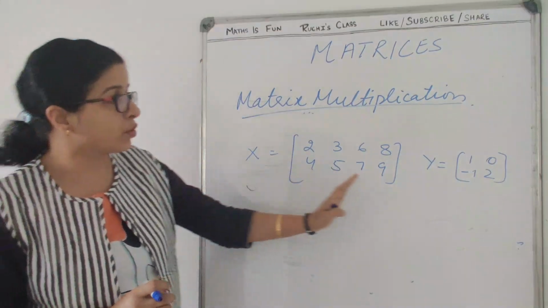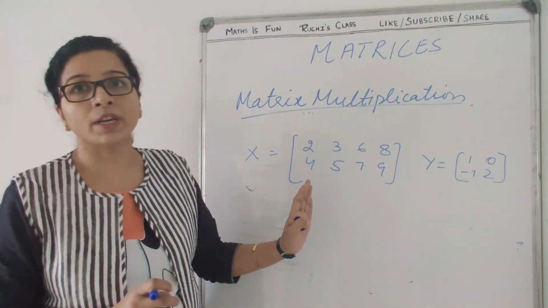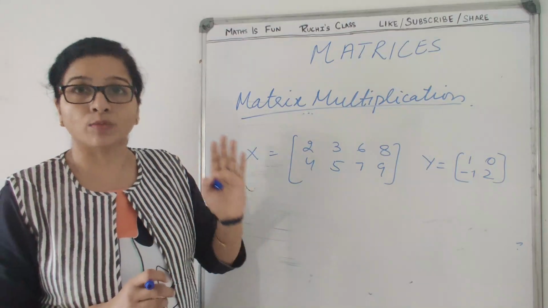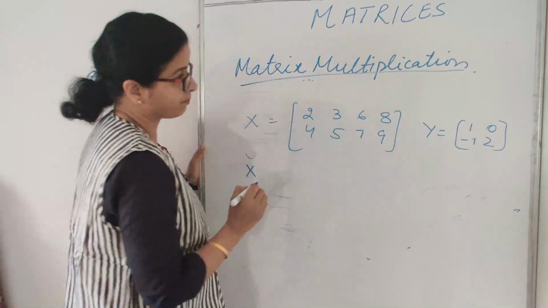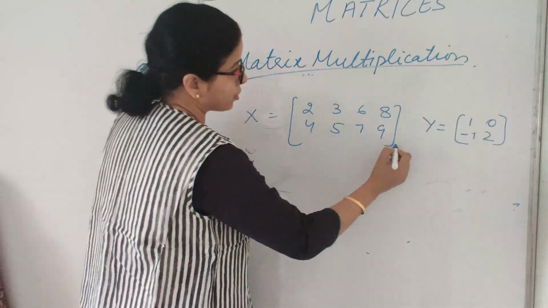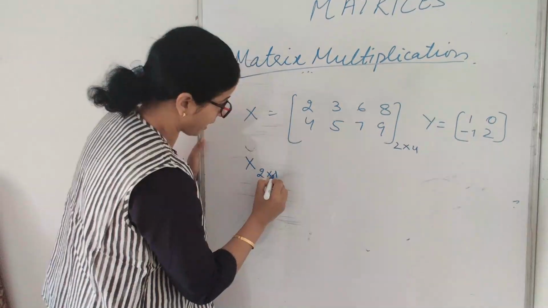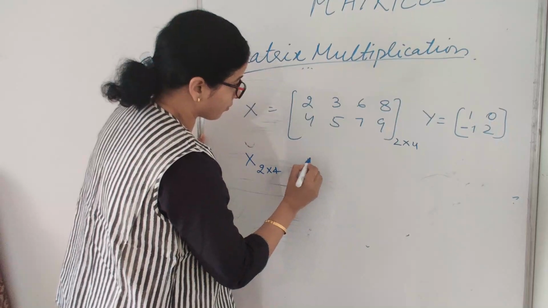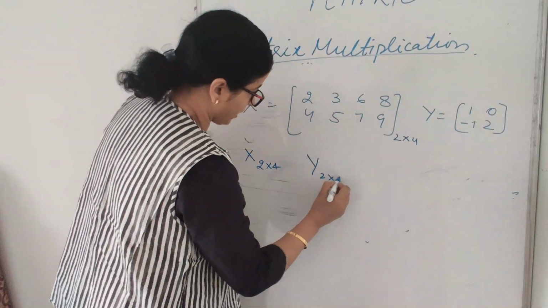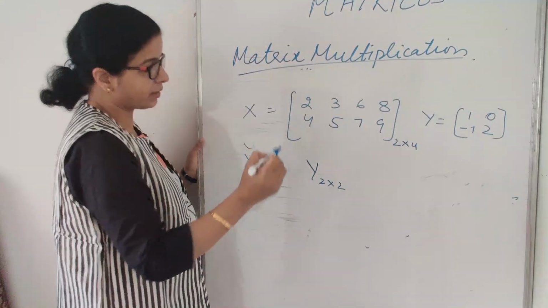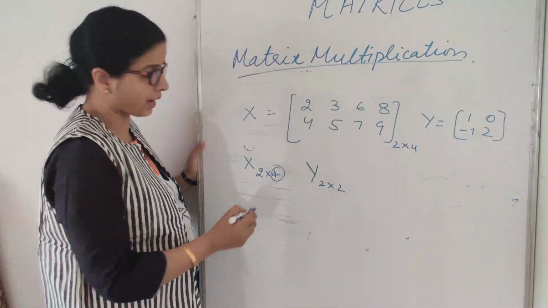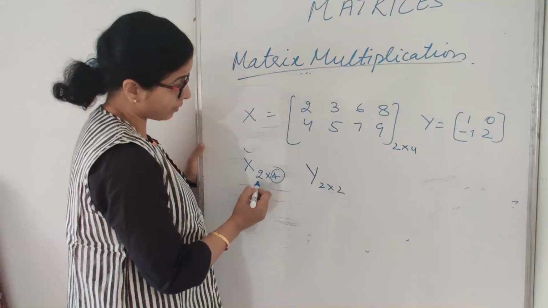Now I have taken one more example and we will check whether the multiplication of xy and yx is possible or not. What is the order of x? 2 into 4, right? And what is the order of y? 2 cross 2, correct? How many columns are there in the pre-multiplier? 4.